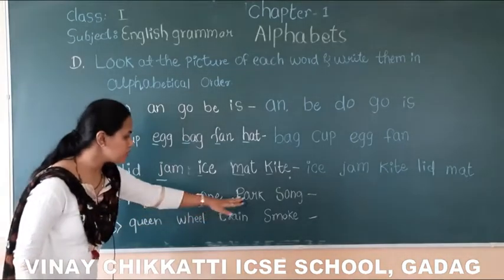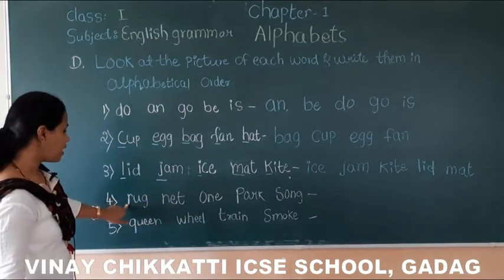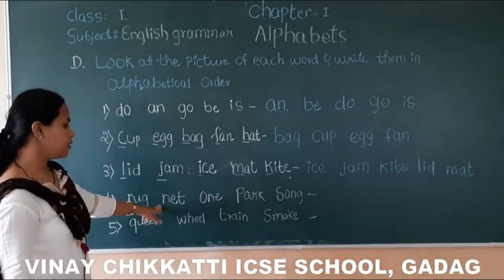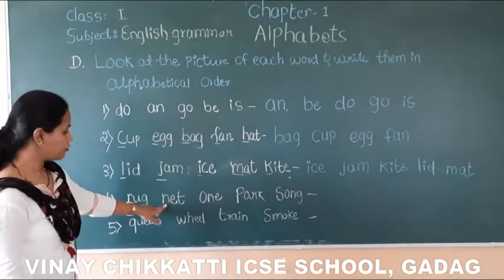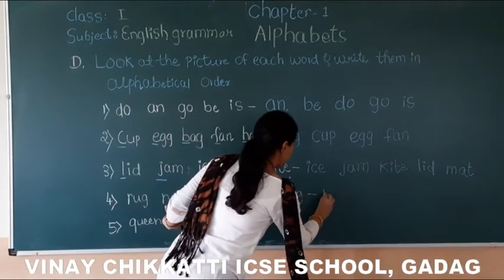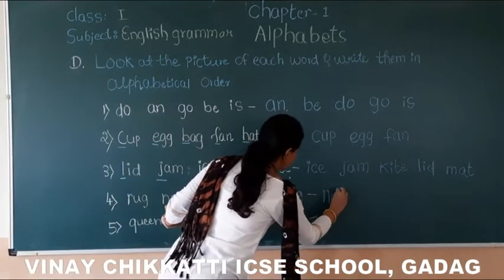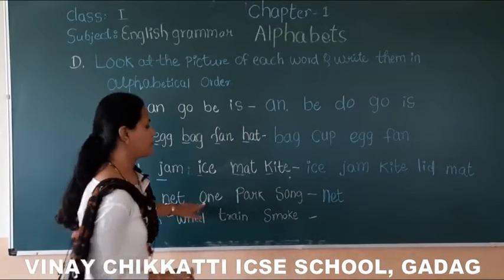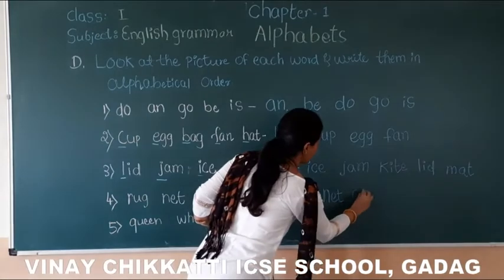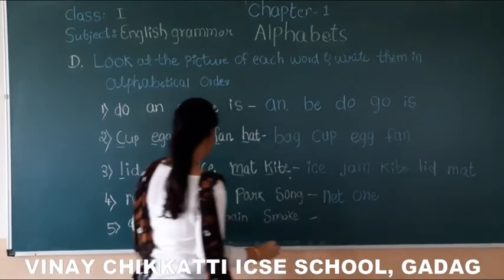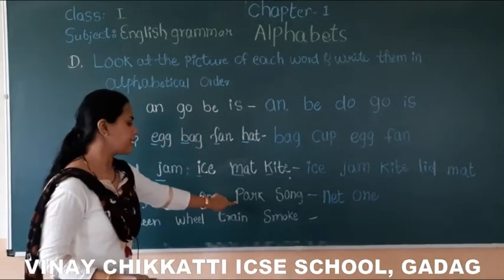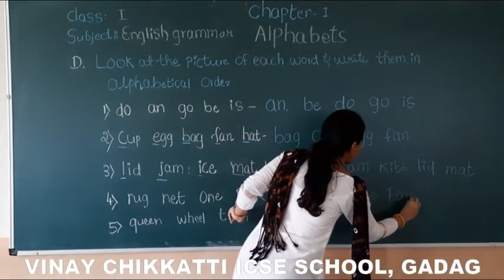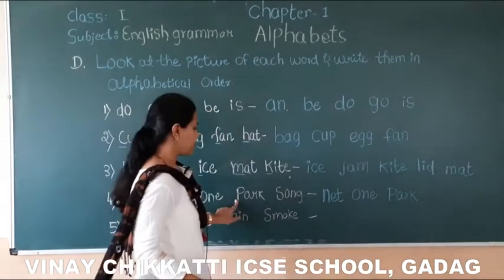So which is the first letter that will come? R, N, O, P, S. Okay. N will come first. N, E, T, net. O, N, E, one. Then P. P, A, R, K, park.